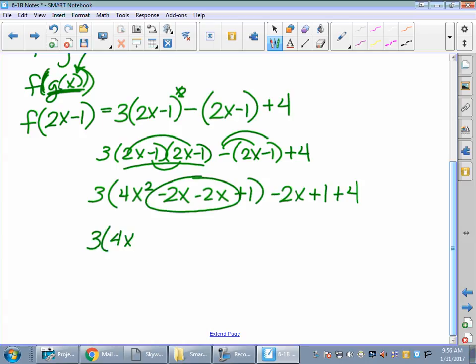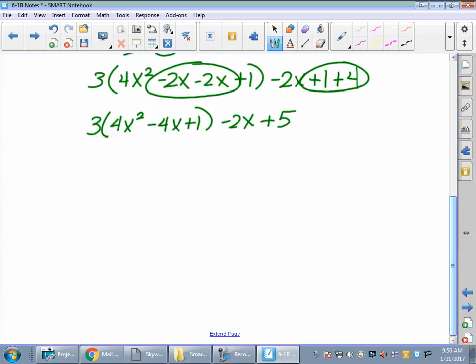I get 4x squared minus 4x plus 1 minus 2x, and I can actually just put those together and call that plus 5. So now I'm going to distribute: 12x squared minus 12x plus 3 minus 2x plus 5.